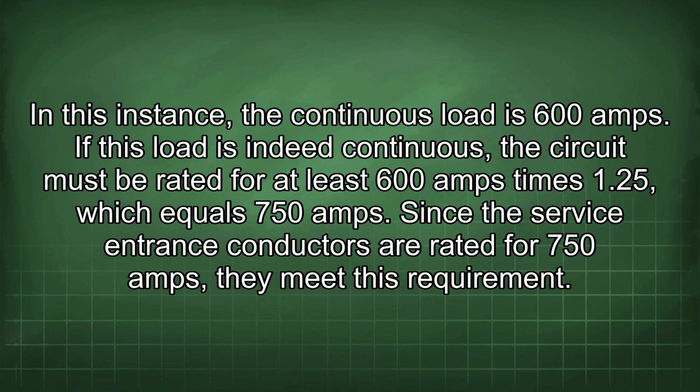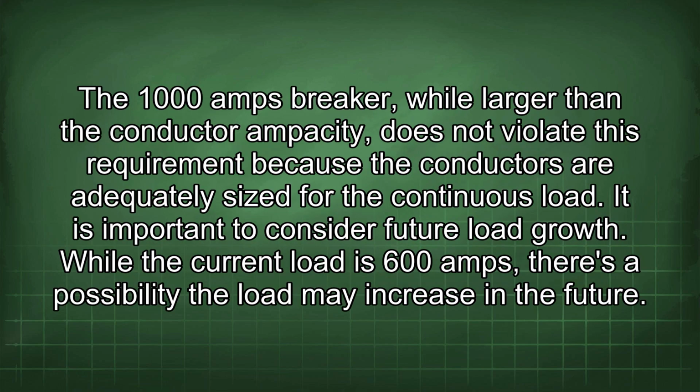If this load is indeed continuous, the circuit must be rated for at least 600 amps times 1.25, which equals 750 amps. Since the service entrance conductors are rated for 750 amps, they meet this requirement. The 1000 amps breaker, while larger than the conductor ampacity, does not violate this requirement because the conductors are adequately sized for the continuous load.